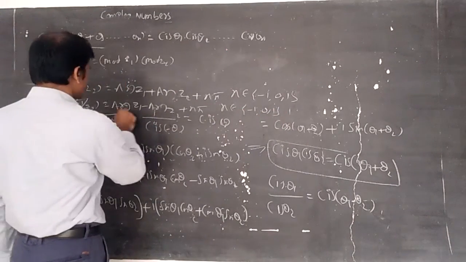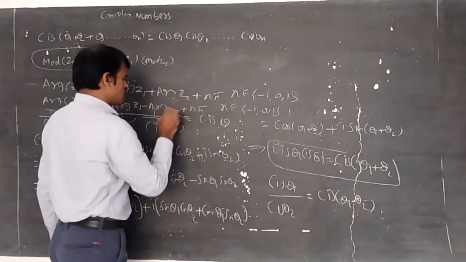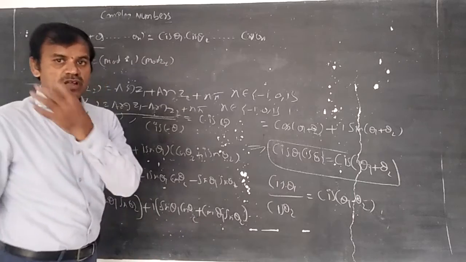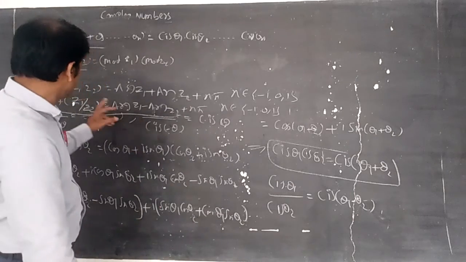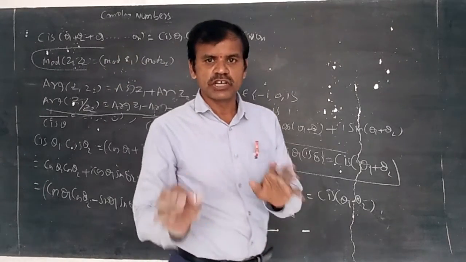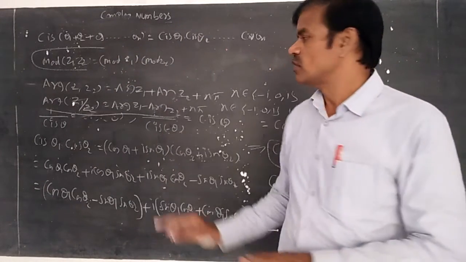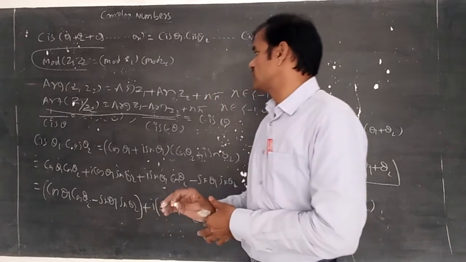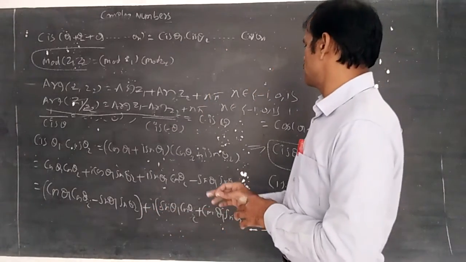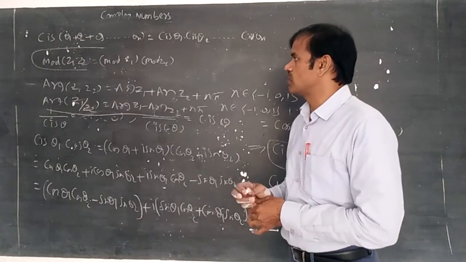General notation is that logarithm concept: log a plus log b is equal to log ab, and log a minus log b is equal to log of a by b. This depends upon that concept. You can get the value: argument z1 into z2 is equal to argument z1 plus argument z2, and argument z1 by z2 is equal to argument z1 minus argument z2. n pi is simple notation for objective only. n belongs to -1, 0, 1.